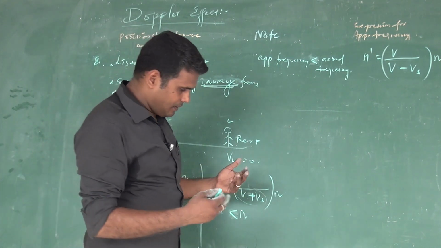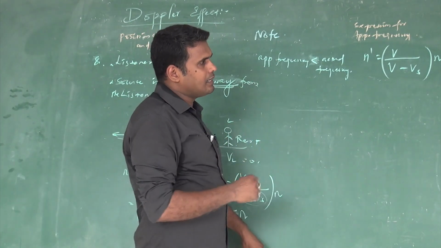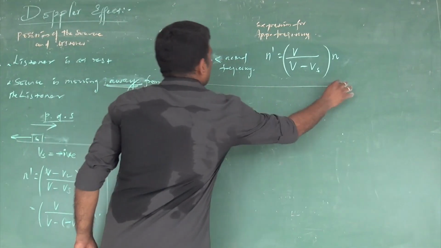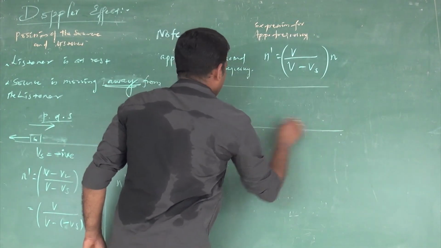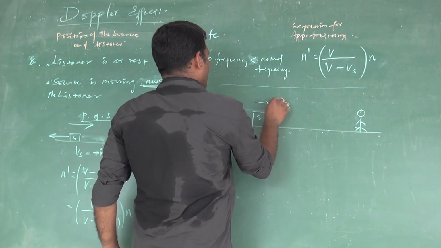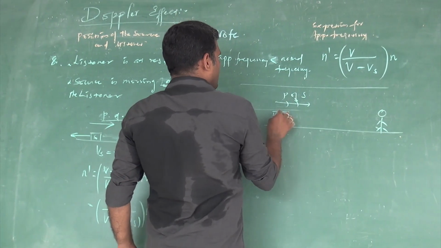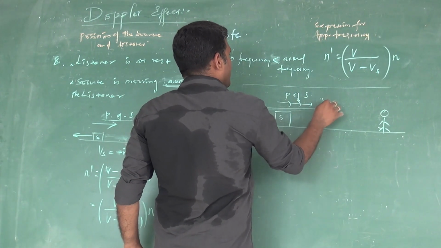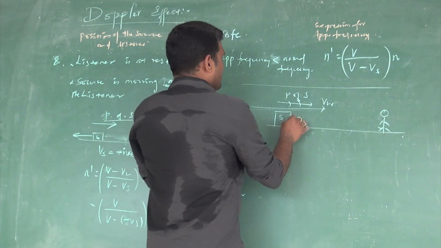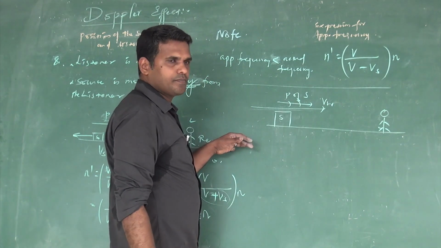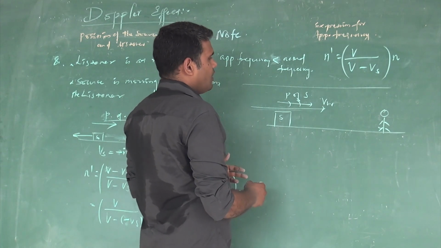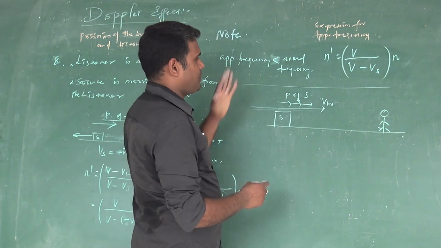As we have discussed, we brought out a condition that the velocity of the medium is taken to be 0. Suppose the source is here, the listener is here, and sound waves are propagating along this direction. If the wind, with velocity Vw, is blowing along the direction of propagation of sound waves, then how will you modify the expression?